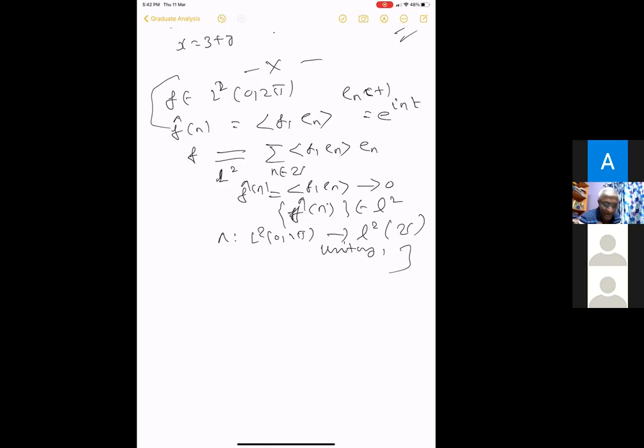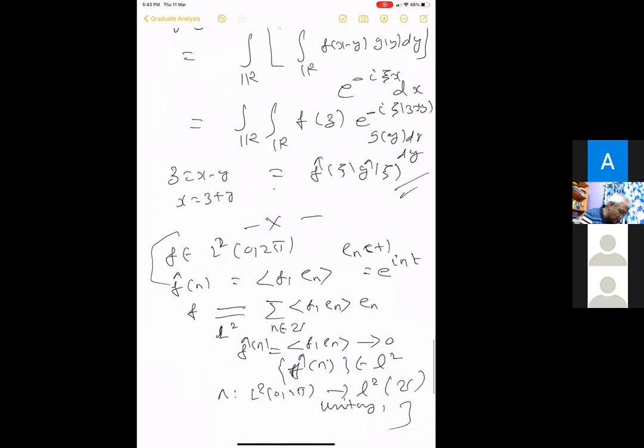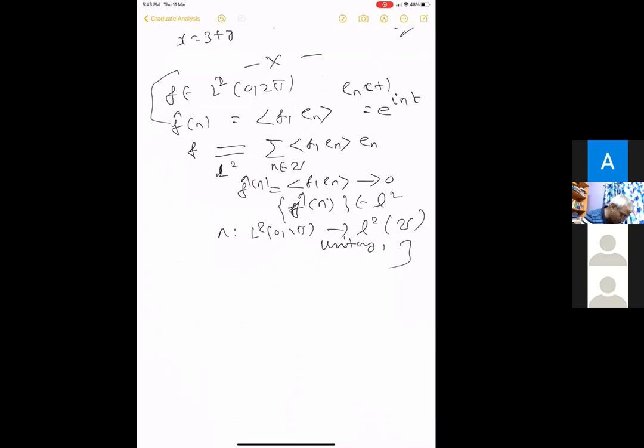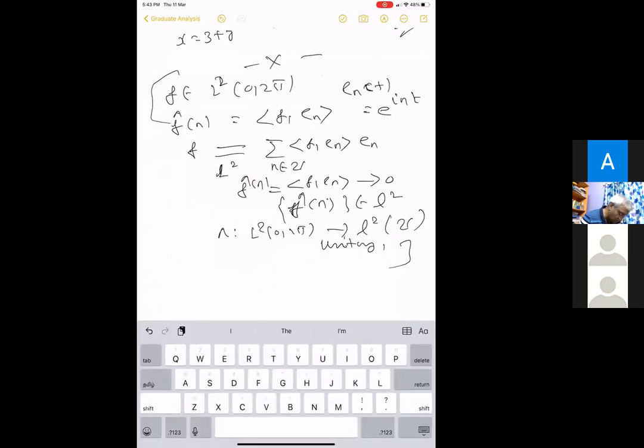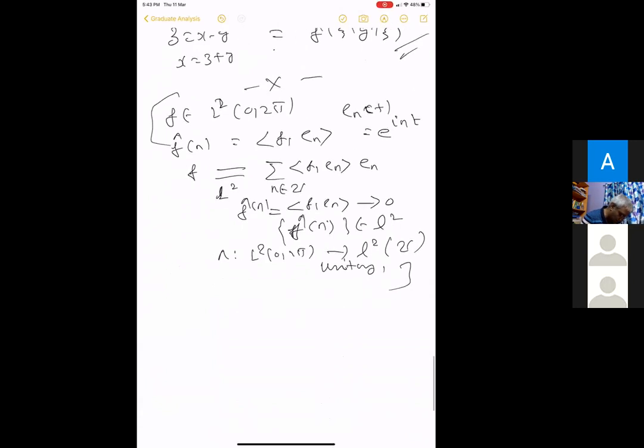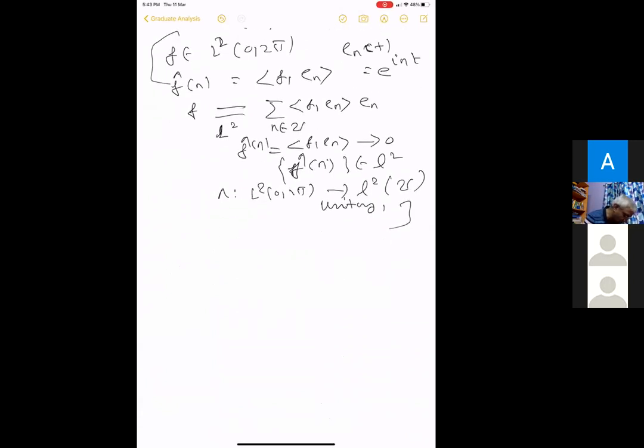I think he gave a reasonable proof, so I will skip it. Now we will prove this Riemann-Lebesgue lemma for the continuous case, for the continuous Fourier transform. So this is a proposition.